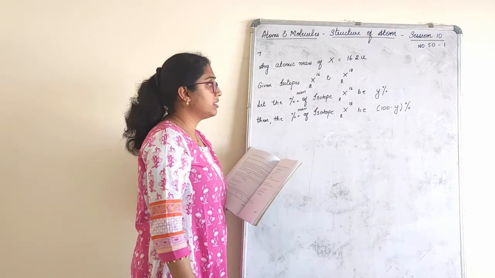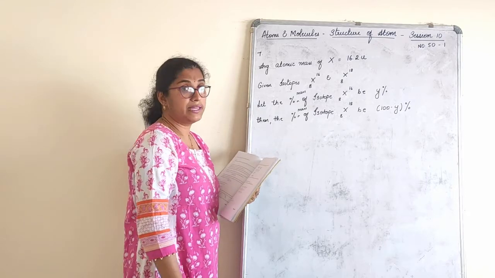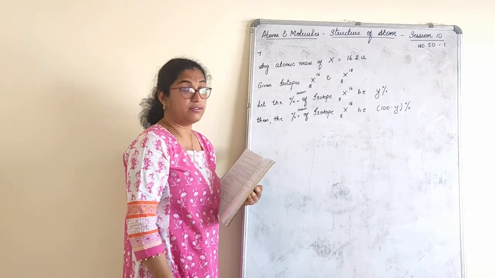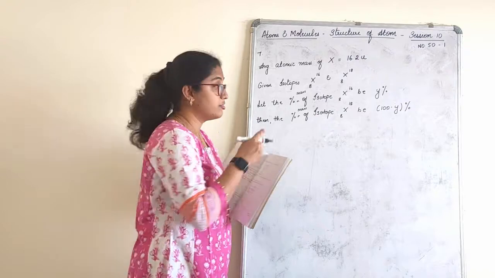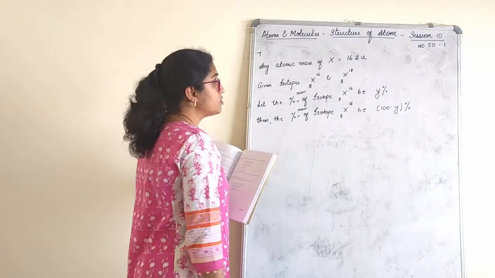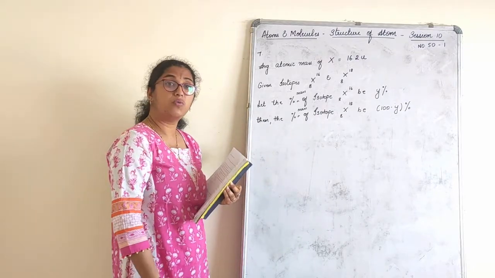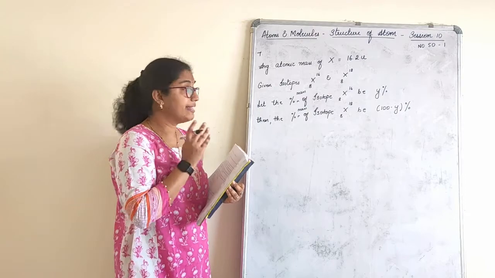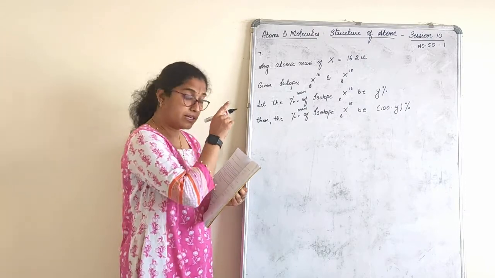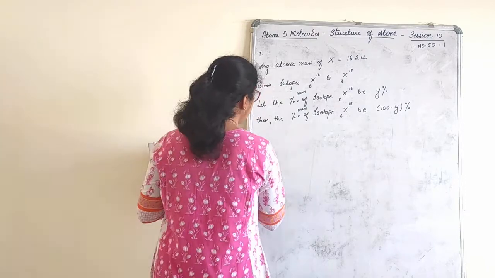It can't be y minus 100, so it can't be more than 100, it should be lesser than 100. So if this is y%, the second one will be 100 minus y%. Now we know the percentage of each mass. Let us substitute the data.